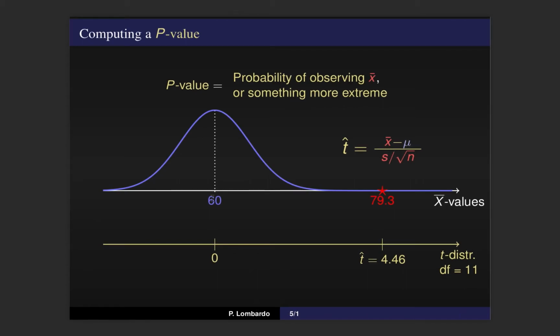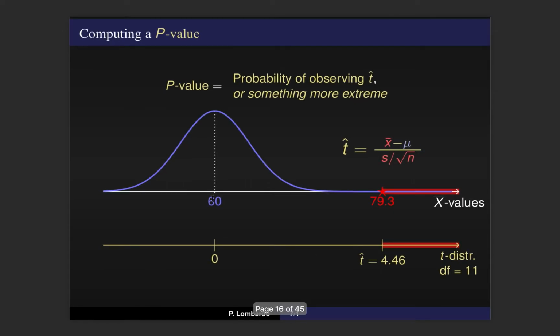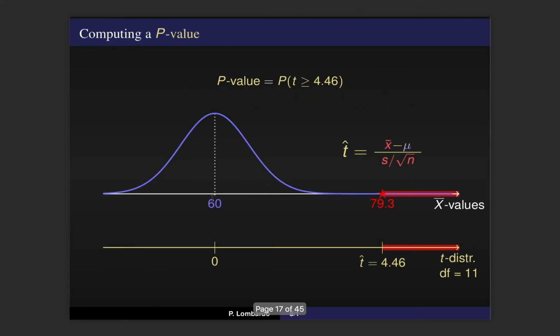Now, the probability of observing a sample mean like that or something more extreme, we ended up changing into a probability of having a t-score that's above that 4.46 value. So a t-score above our test statistic. And this we went into Excel and actually computed. It was a very small p-value. So we ended up rejecting our colleague's claim that the mean weight for labs was less than or equal to 60.